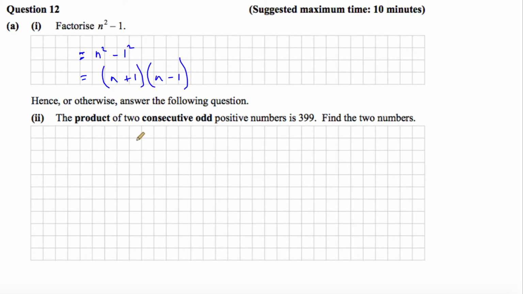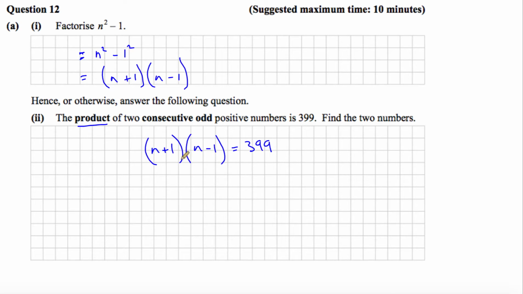So the product of two consecutive numbers, the two consecutive odd positive numbers, so that's the n plus 1. Product means multiplied by the n minus 1. So again, when that is equal to 399, find the two numbers.